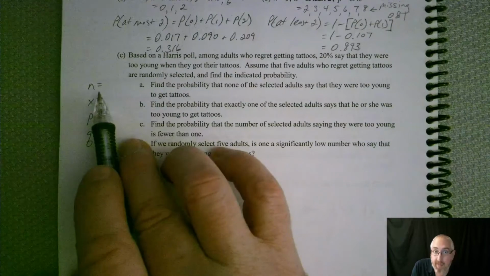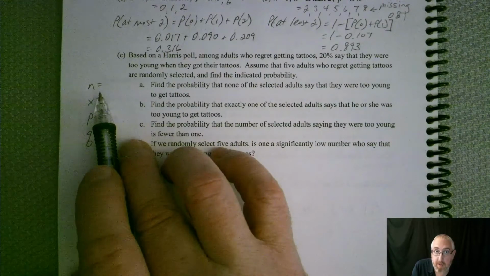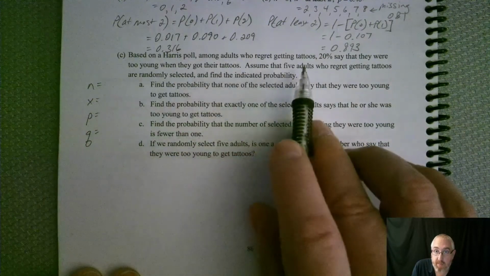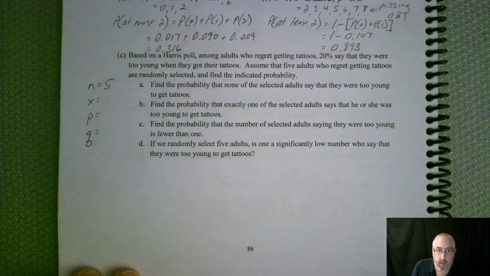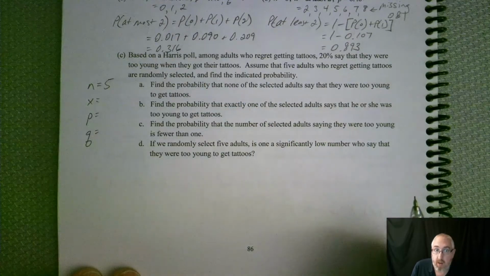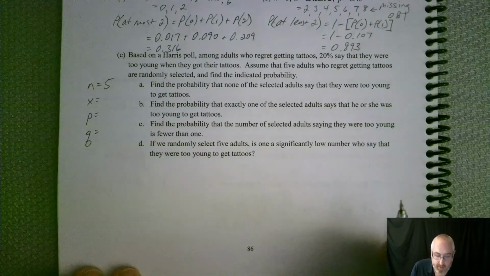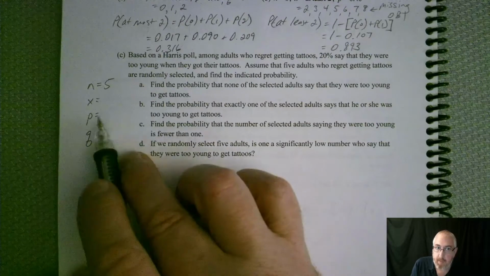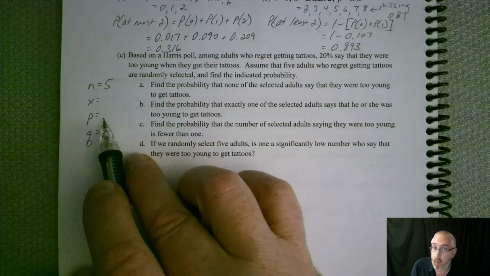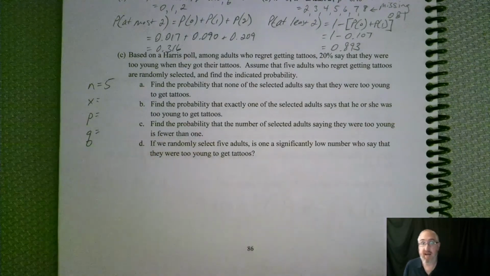So what would N be for this problem? Assume that 5 adults. So our sample size, or our number of trials, is 5. X, again, we're going to leave out because it's going to be dependent on each question. P, though, should be what? What's the chances of success?